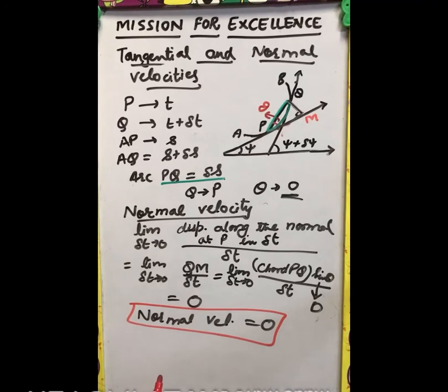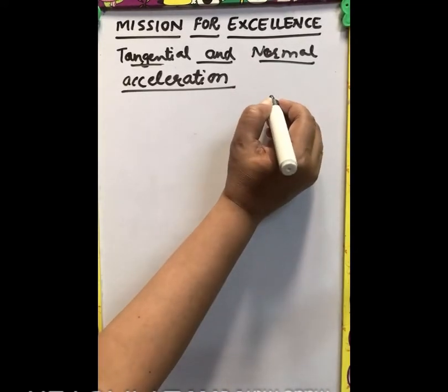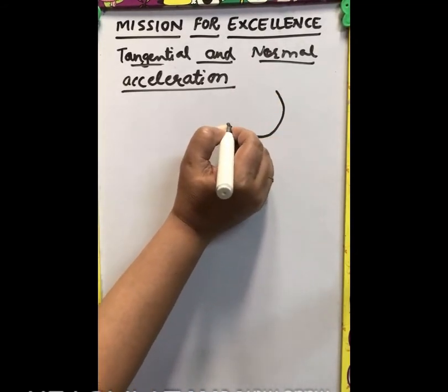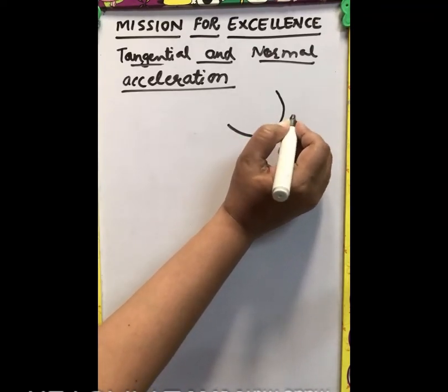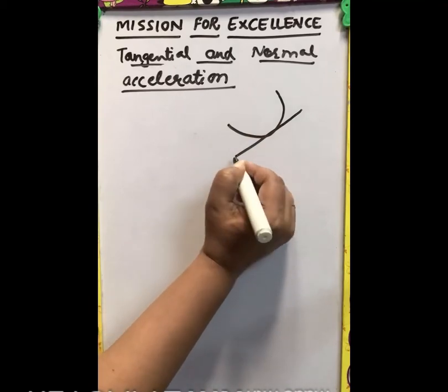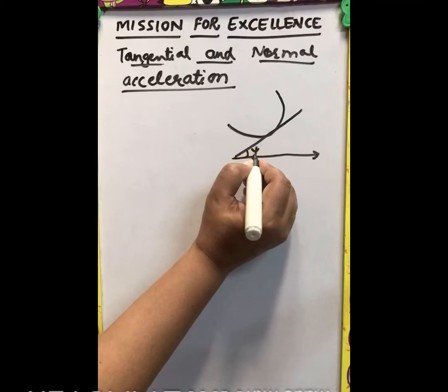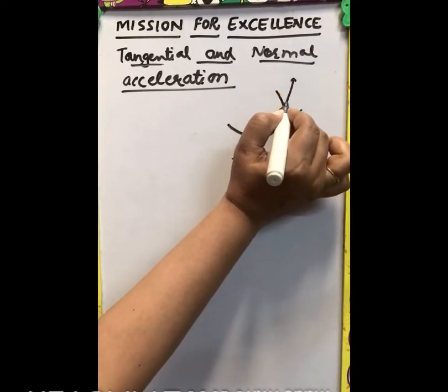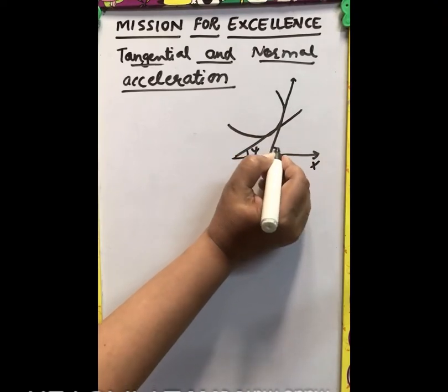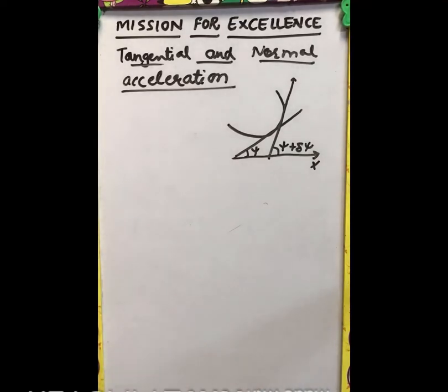Now we will do tangential and normal acceleration. Again for this, let us take a curve, and P and Q are the same two positions. At P the tangent is, suppose, this one, making an angle psi with the x-axis, and at point Q the tangent is this, making an angle psi plus delta psi with the x-axis.